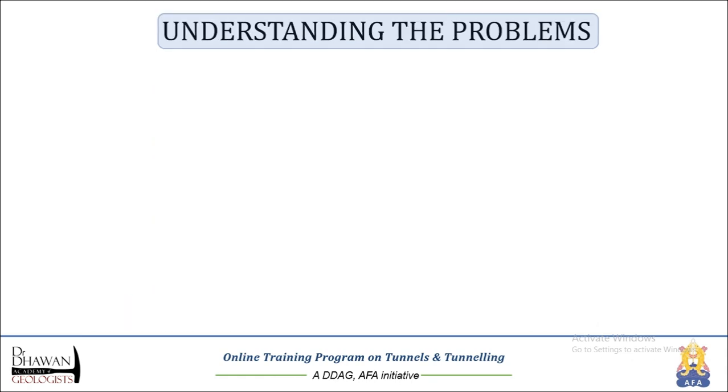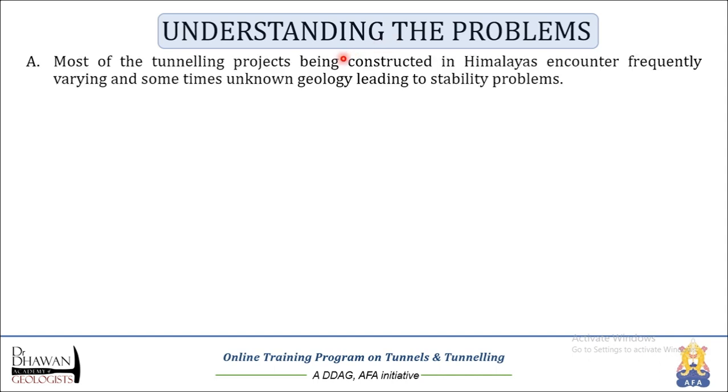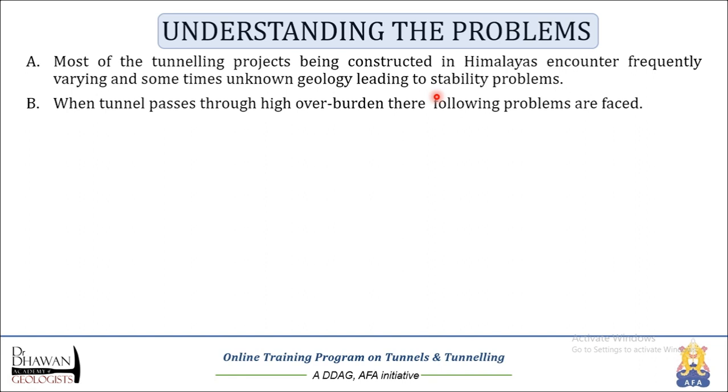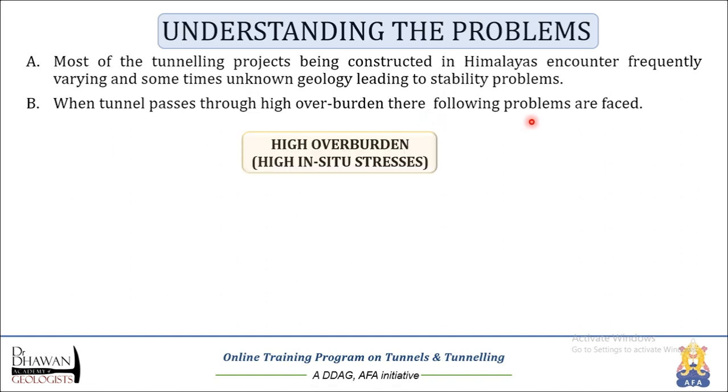And what is the root cause of all these problems? Most of the tunneling projects being constructed in Himalayas encountered frequently varying and sometimes unknown geology leading to stability problems. The second group of problems is related to high overburden cover. When the tunnel passes through high overburden, there could be the following problems. If the overburden is high, then high in situ stresses will be experienced.